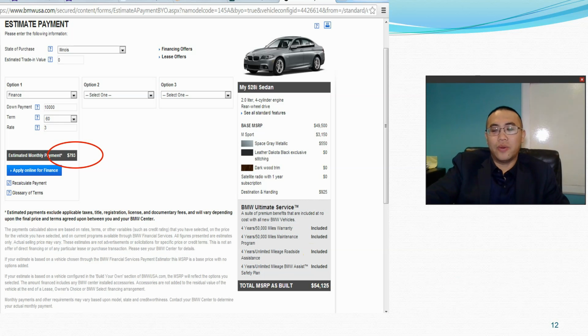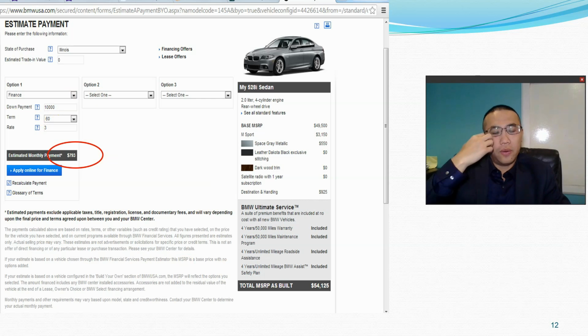But what you can do is find a loan and then use that loan to buy the car, and then finance that loan. So if you are choosing to finance the car, here are the terms. You need to make a down payment of $10,000. So let's say you have $10,000 cash in your pocket. That's how much you have for now, and you can use that as a down payment.